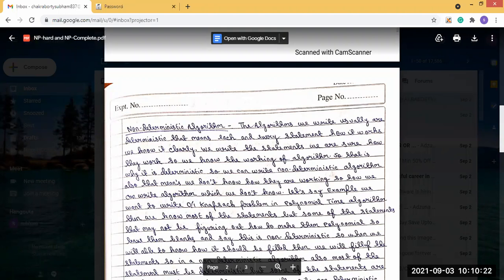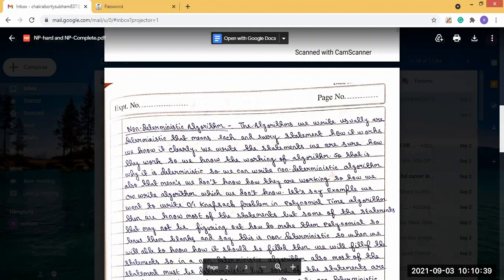Now, let's say we want to solve a problem that is present in exponential time, and we are writing it into polynomial time. For example, the 0/1 knapsack problem is present in exponential time, and we write it as a polynomial time algorithm.